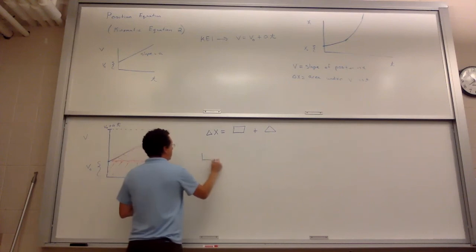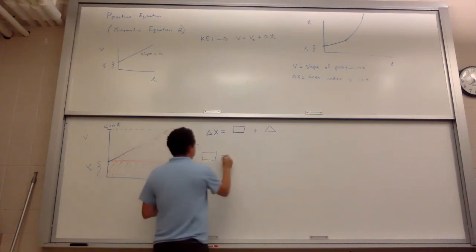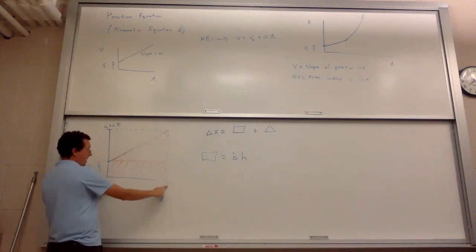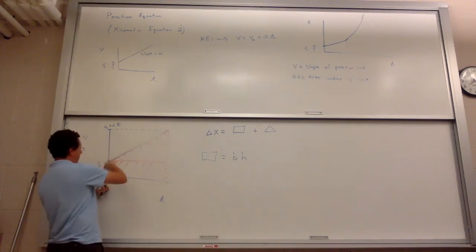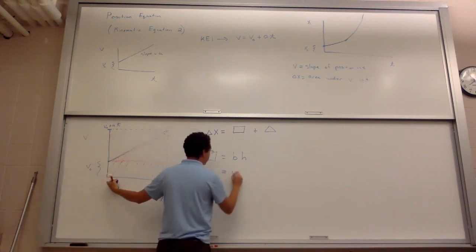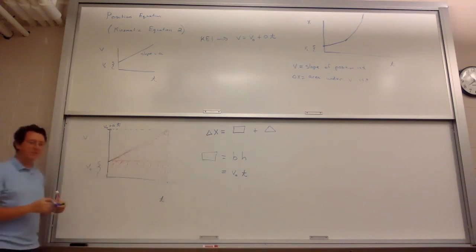The rectangle is easy. That's a base times a height. The base is just t, and the height is v initial, the initial velocity. So that's going to be v initial times t. Swap it, that's how I prefer to do it. Okay.